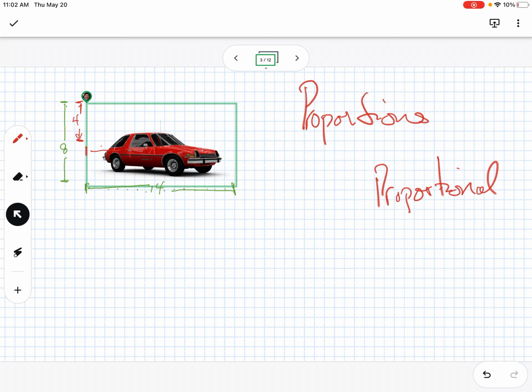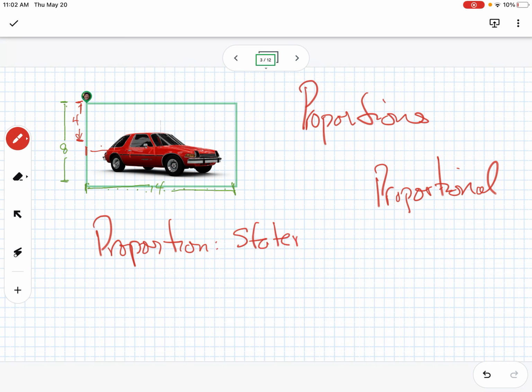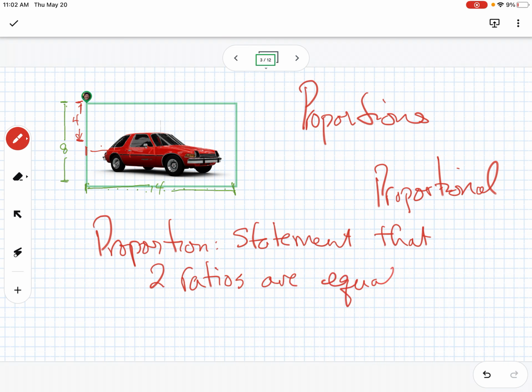What does a proportion look like in math? Well, here's the definition. Let me get the pen back. A proportion is a statement that 2 ratios are equal to each other. So you can see this is related to ratios. This is where we're going to find it really useful to write our ratios as something over another.